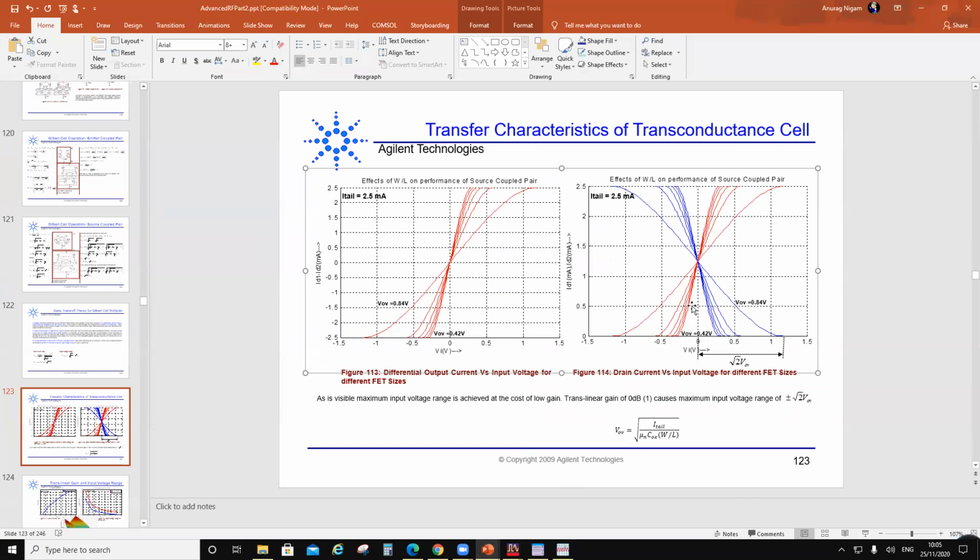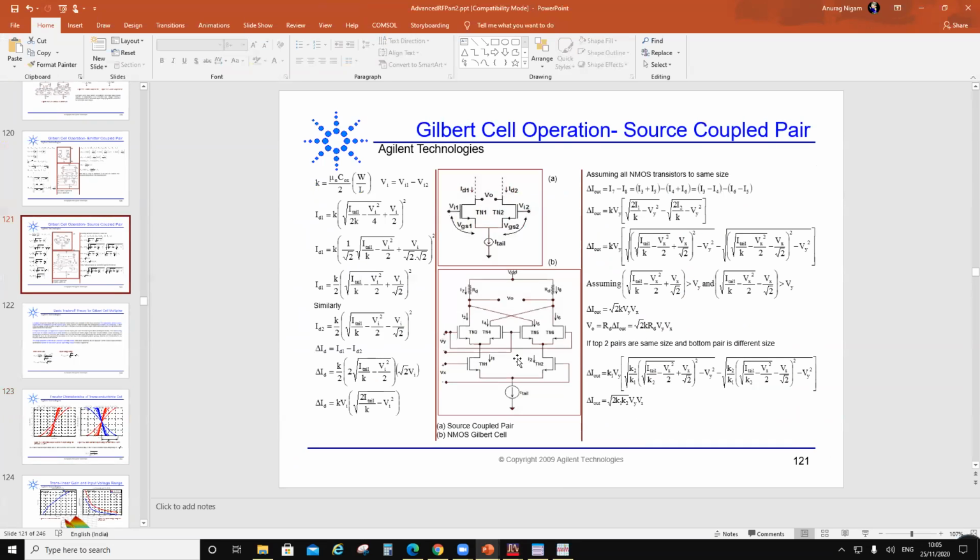When you completely compress the mixer, what is going to happen in this topology is these will start acting as switches. Either there will be a complete lack of I3 or there will be a complete lack of I6.